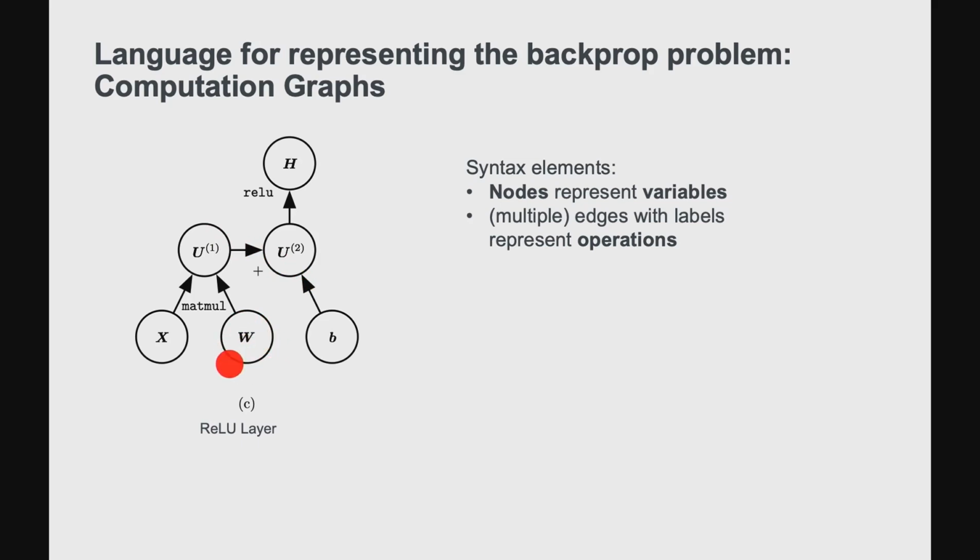By the way, this weight matrix would use the same weights for all the different inputs. Then I add my bias vector, and then I apply element-wise ReLU to get this output, which will be the next hidden layer.